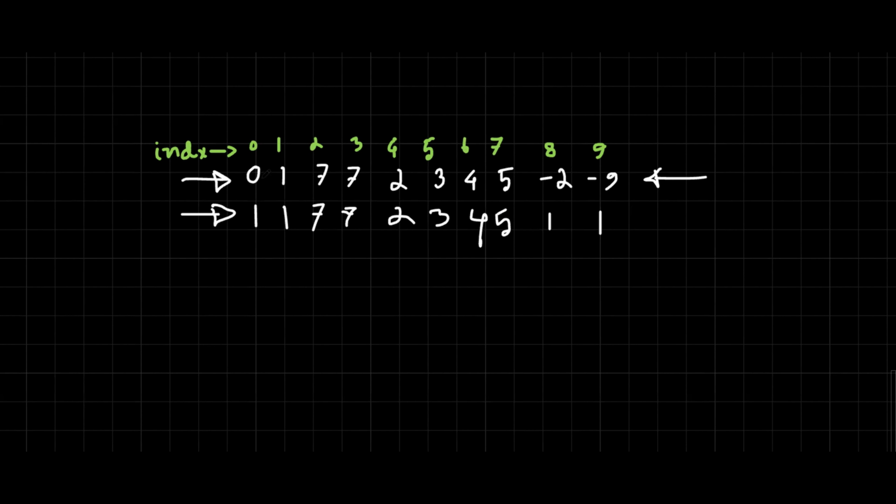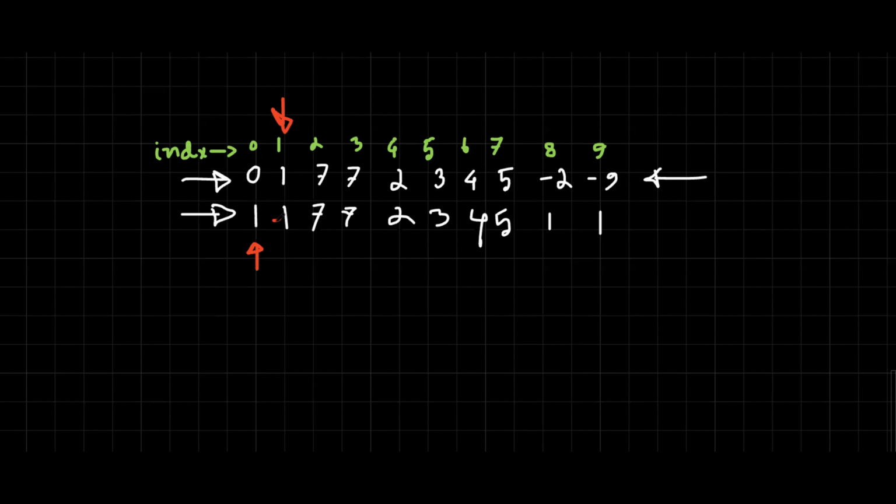Now, we have to iterate this array from left to right. And each time, we will replace the corresponding index with negative number. Suppose currently we are at this position, which is 1. So here we have to replace the element which is presented at 1 index with negative sign.